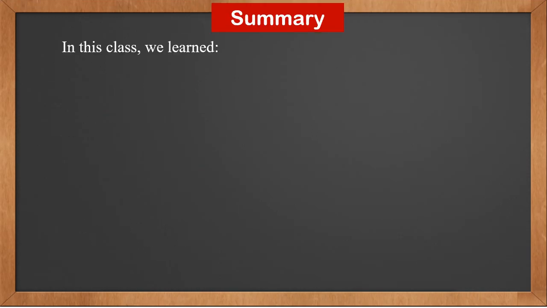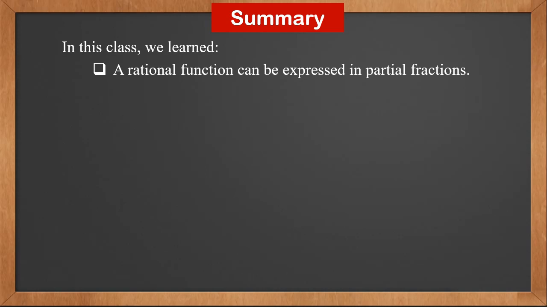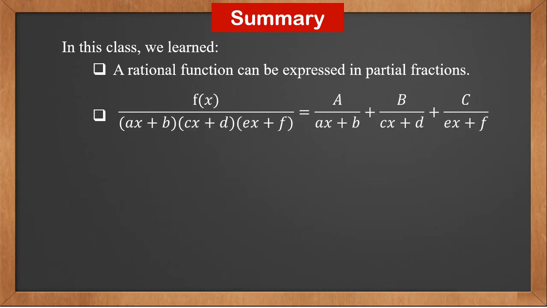In this class, we learned a rational function can be expressed in partial fractions. If the denominator is (ax+b)(cx+d)(ex+f), it can be expressed as capital A over ax+b, plus capital B over cx+d, plus capital C over ex+f.